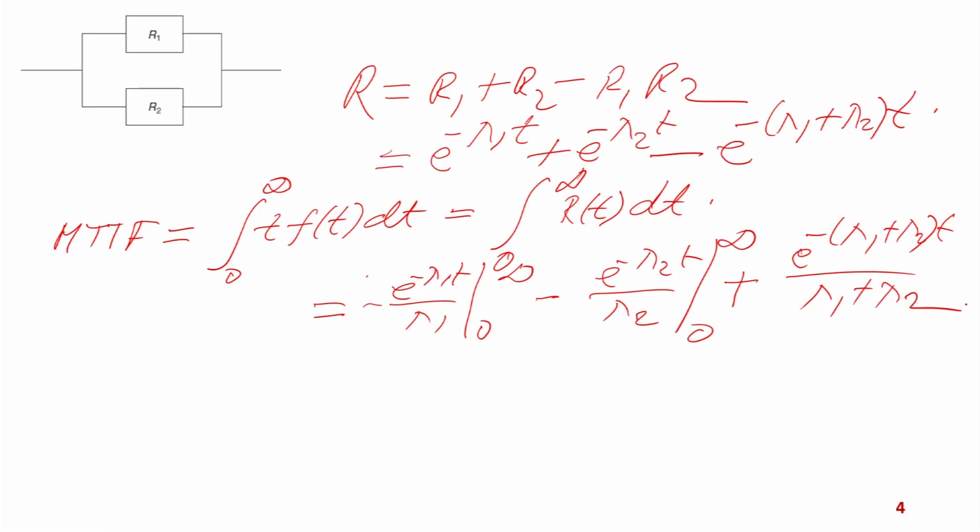So, this gives me 1 by lambda 1, then plus 1 by lambda 2, and then, doing this from 0 to infinity, minus 1 by (lambda 1 plus lambda 2).